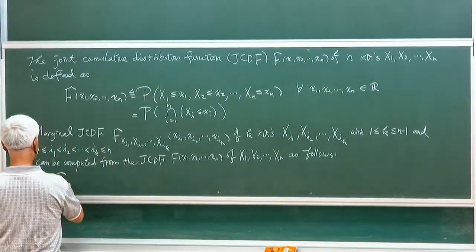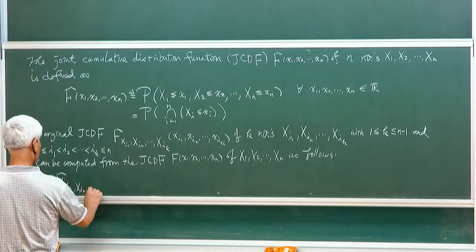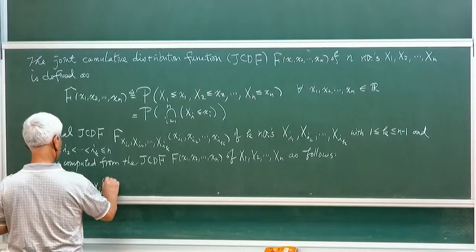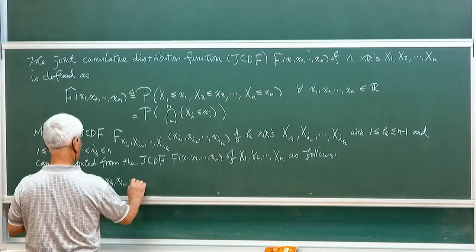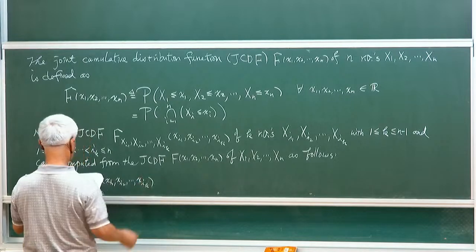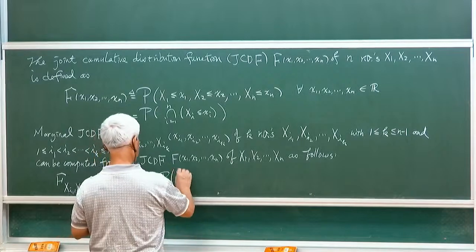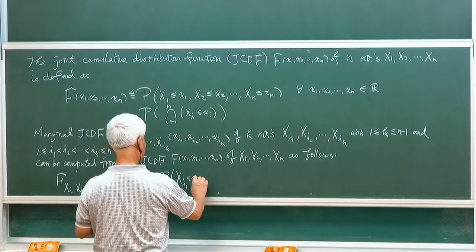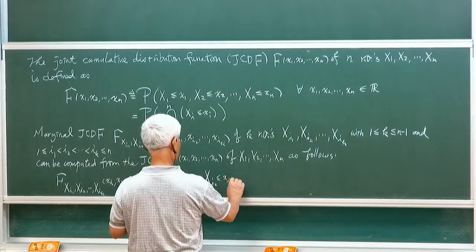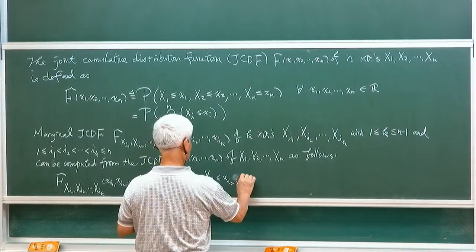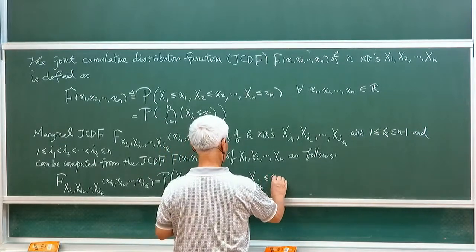Okay, so the F of x sub i1, x sub i2, up to x sub ik. As we know, this is the probability that X sub i1 is less than or equal to little x sub i1, X sub i2 is less than or equal to little x sub i2, X sub ik is less than or equal to little x sub ik.